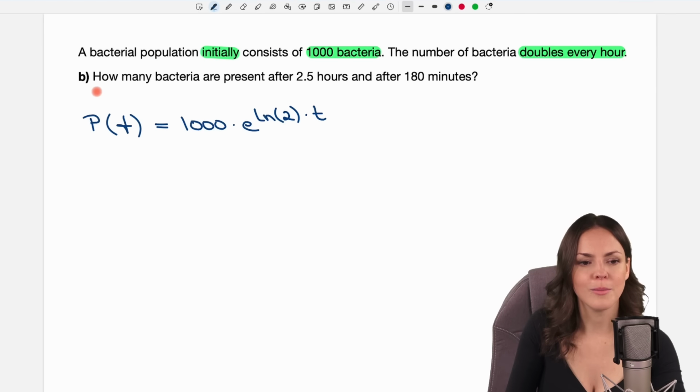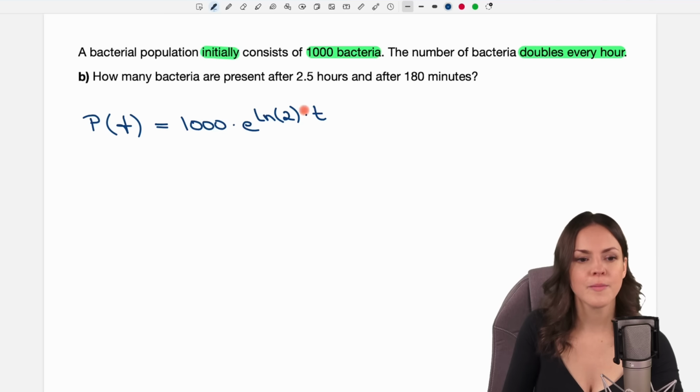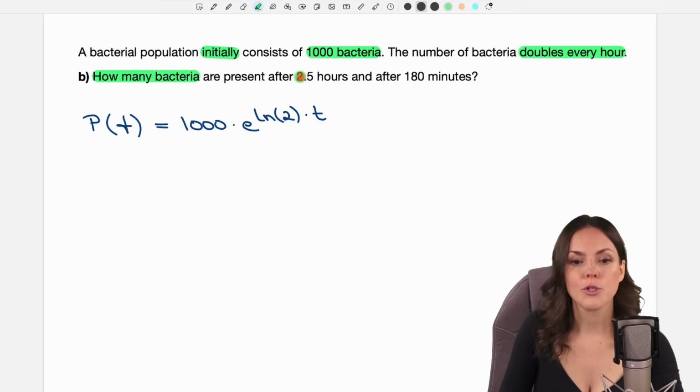What do they want from us in part B? From now on, we are also allowed to use this function that we've just found. How many bacteria are present after 2.5 hours and after 180 minutes? Okay, this time we're looking for how many bacteria.